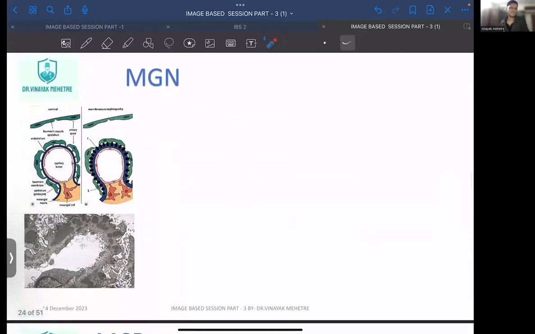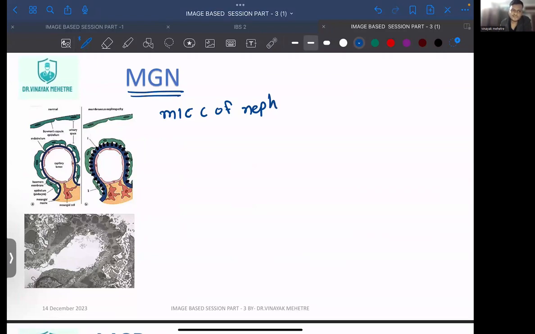Then comes membranous glomerulonephritis, okay, how will you remember it? Just remember, it is the most common cause of, what does it cause, nephritic or nephrotic? Anyone? Does it cause nephritic syndrome or nephrotic? Yes, it is going to cause nephrotic syndrome. In whom?